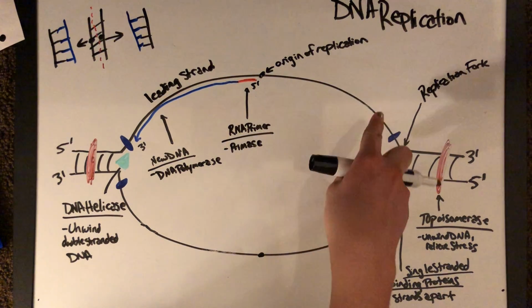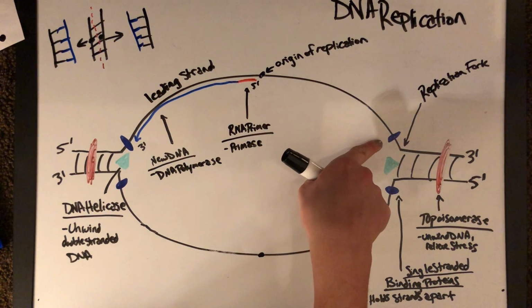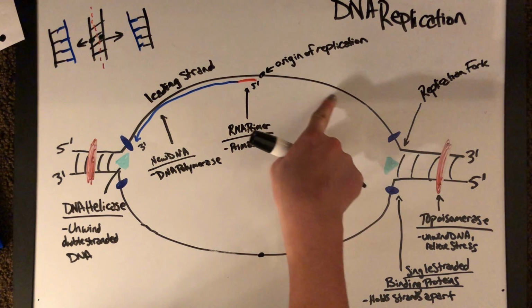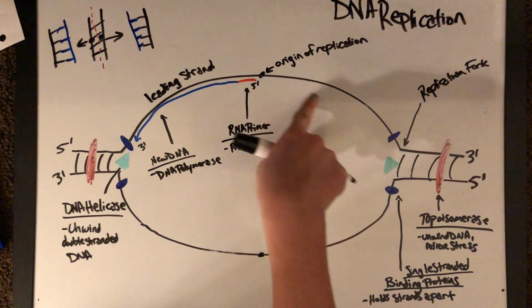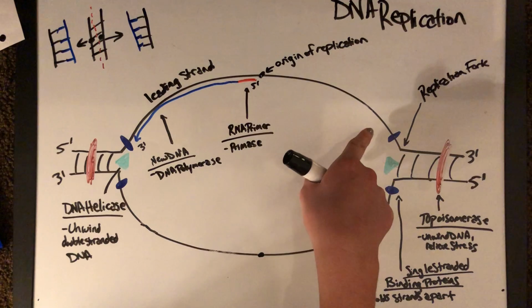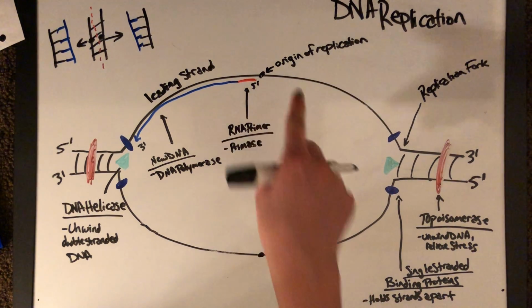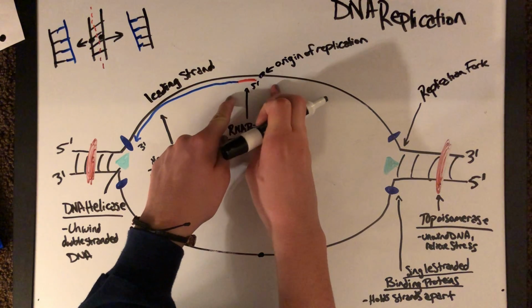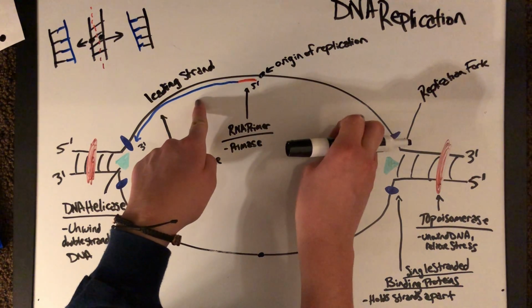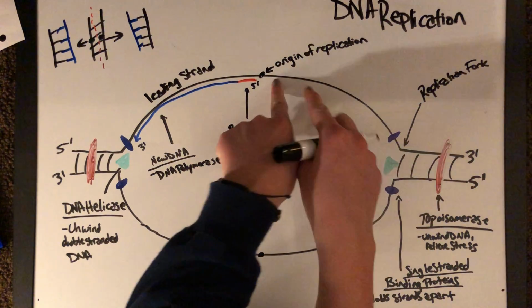Okay, now let's tackle this side. So we still need to replicate overall in the 5' to 3' direction because that's just how it works, right? Because we're going antiparallel. But we have to replicate as we're opening up more and more space for us to replicate on the old DNA, but we always still have to go in this direction.